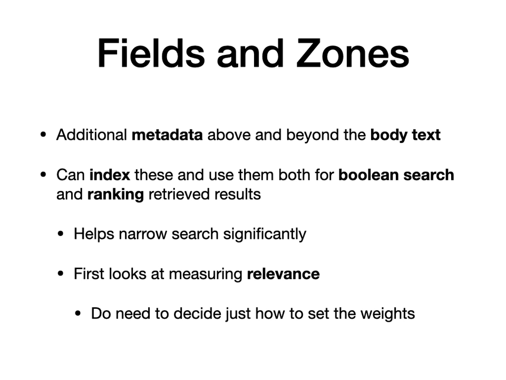There's additional metadata here, right? It's not just the body text that we can actually use. And we can index them, right? We can index them for customized Boolean searches, but also use those indexes to say, hey, I got a match here, here, and here, but not here. Rank that. You can use that to rank, right? So this is great. It helps narrow search, but it also gets into relevance.